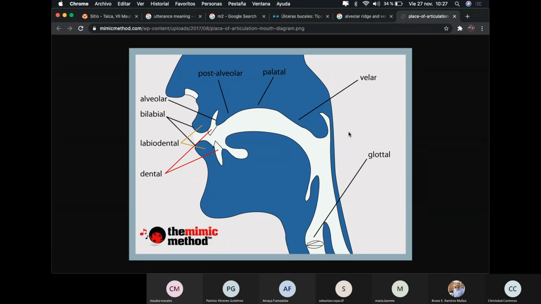Oh, nice picture there. That's really a good picture. Thank you for sharing. So from the alveolar ridge, which is right behind the upper teeth, and the velum, which is where you see this velar area, that's the velum.